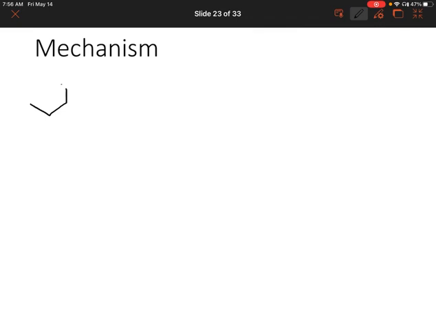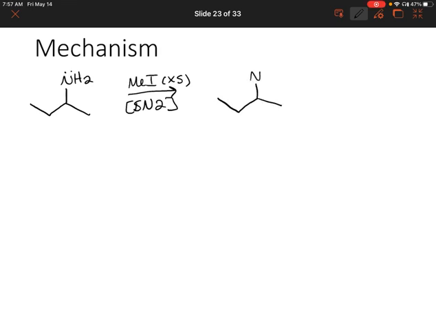So we'll start with our amine. And we're going to first add excess methyl iodide. And this is going to be an SN2 reaction. So the nitrogen is going to attack that methyl group, and we're going to over-alkylate the amine. So we'll have 3 methyl groups attached once everything is said and done.